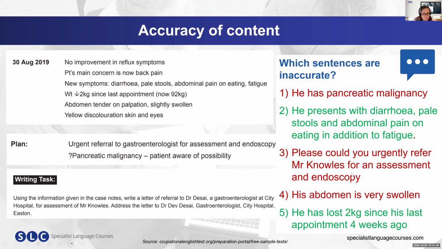You don't want the reader to urgently refer Mr. Knowles for an assessment and endoscopy. You want the reader to do an assessment and endoscopy. You, the writer, are urgently referring Mr. Knowles, so you don't include that in your letter. It's incorrect information. His abdomen is very swollen? No, it's slightly swollen. So do be careful. And number 5 is correct information.